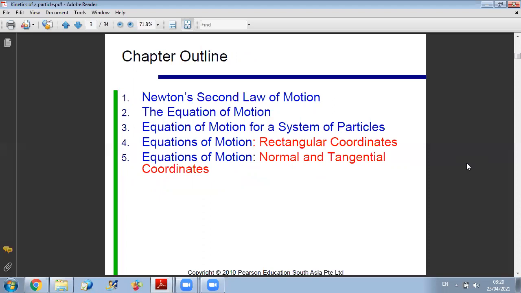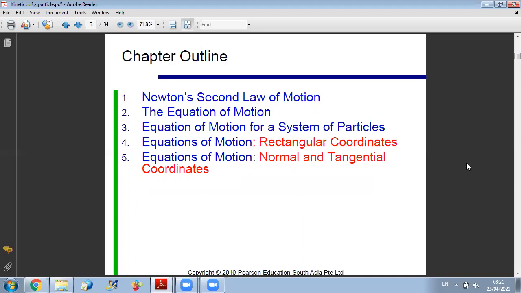Because as we have seen in the previous chapter, we have introduced how to work in rectangular coordinates to get velocity, position, and acceleration, and also in normal and tangential coordinates. So also here in Newton law application, sometimes you will work in rectangular coordinates, sometimes in normal tangential ones.